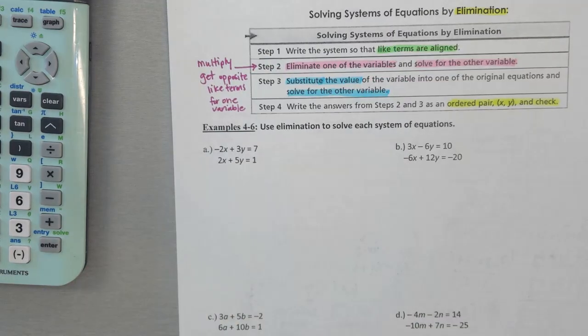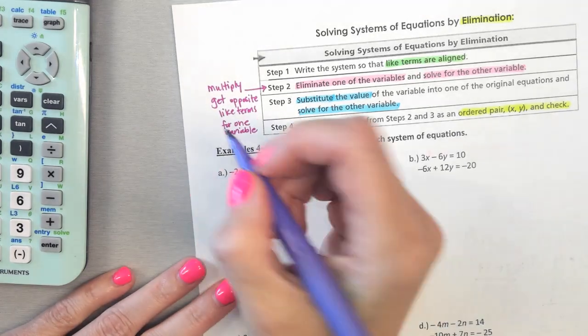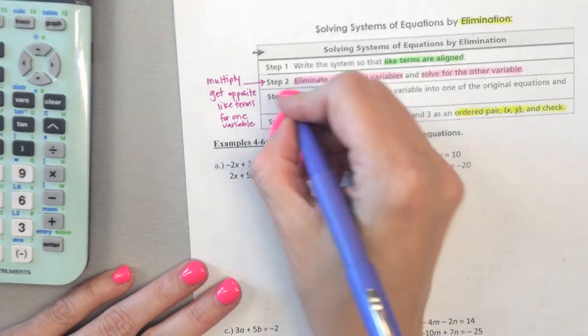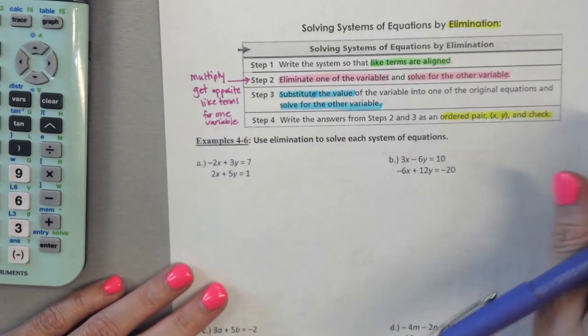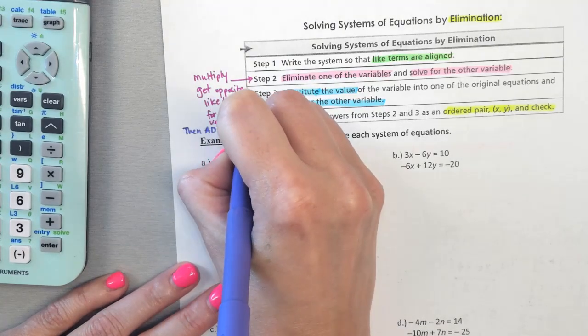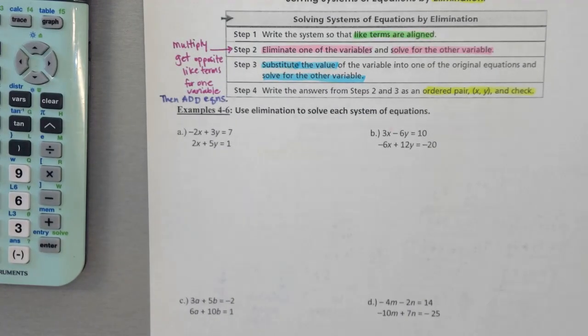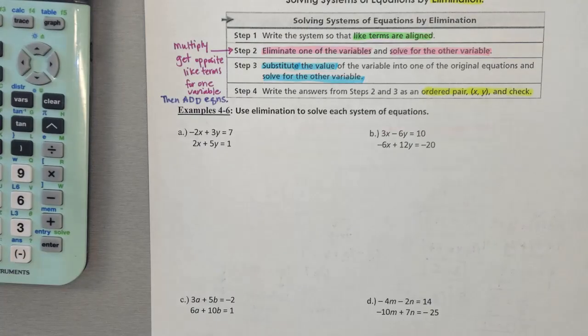Sometimes it happens for both. When you're looking to do it for one, that's okay. That's a special case, and it does happen. But you're going to pick that for one variable. Then after you eliminate one of the variables, you are going to add the equations. I'm going to just abbreviate EQ and S. You're going to add those equations together.